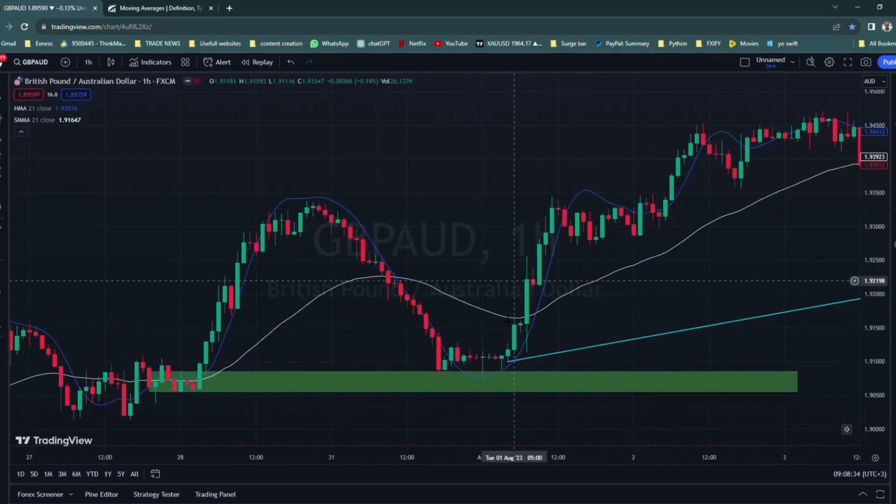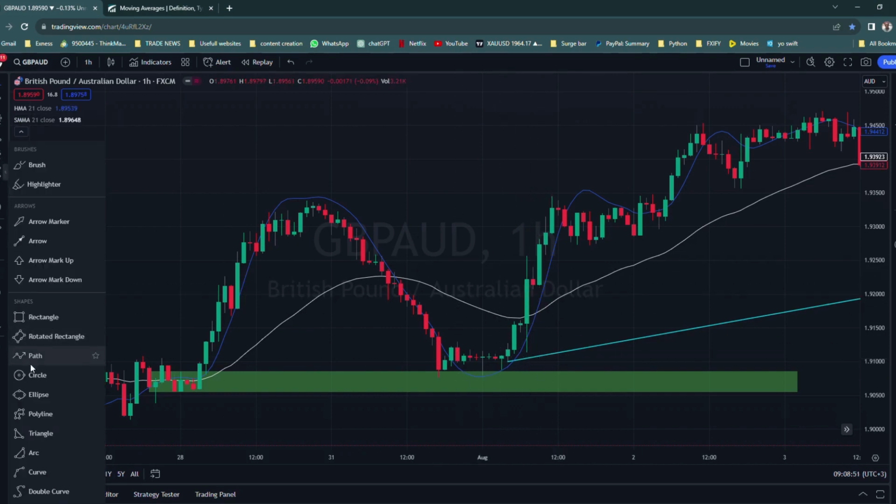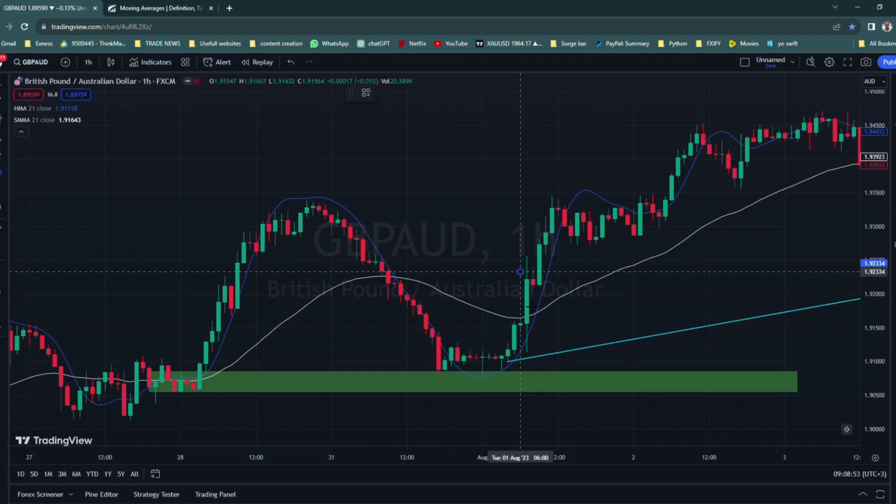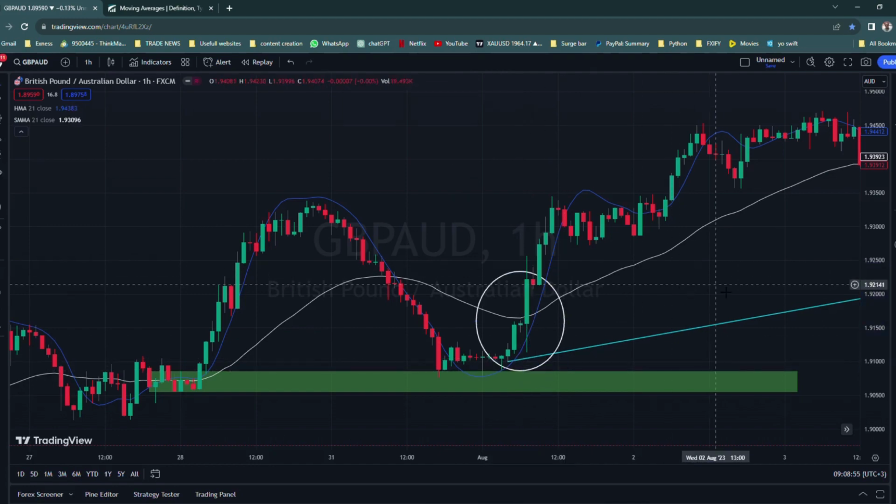And see how price reacts around this zone. Price reacts around here on the hull moving average. You can see the pin bars, and on the 21-day moving average another pin bar, and this is an indication that you are going to have more buys in the market.